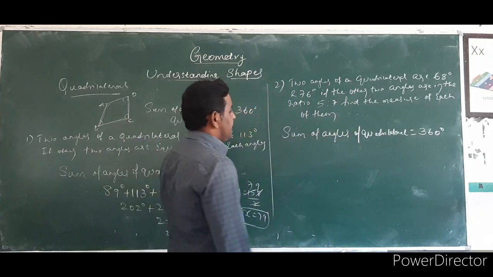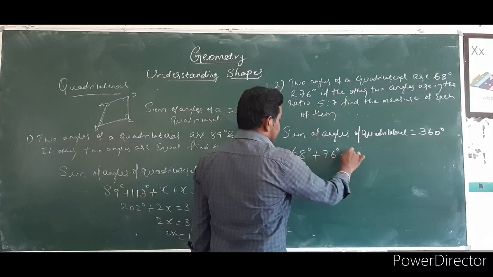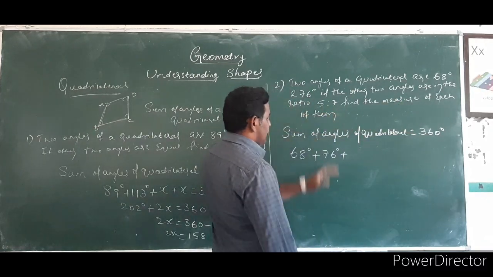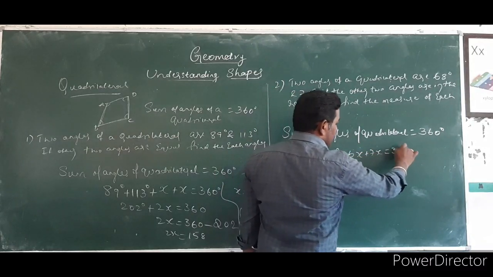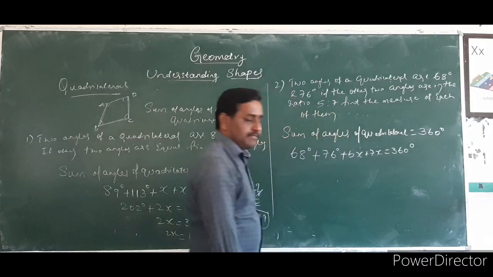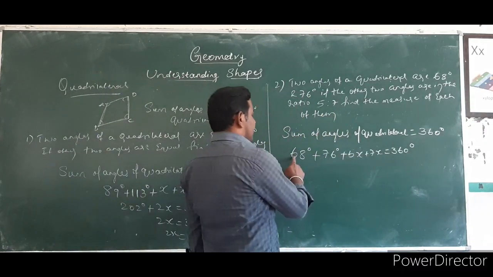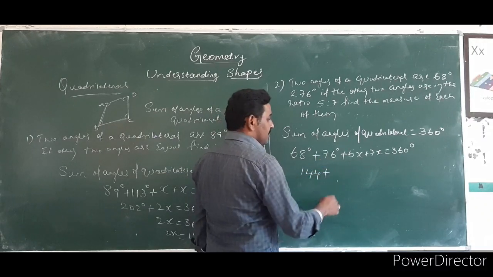Two angles are given, 68 degrees plus 76 degrees. The other two angles are in the ratio 5:7. You can consider 5x plus 7x. If you add 68 plus 76, you will get 144.